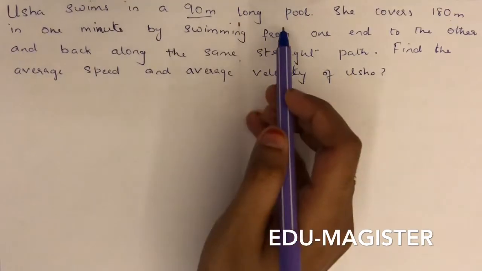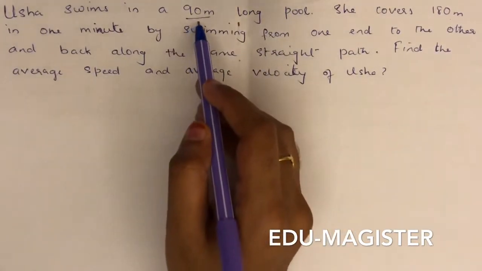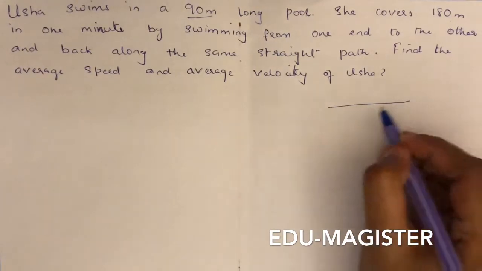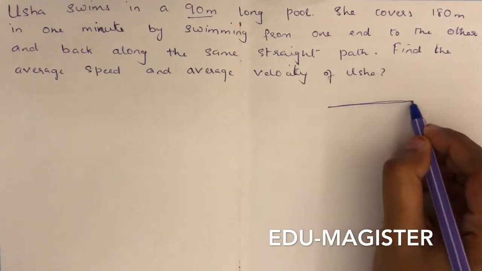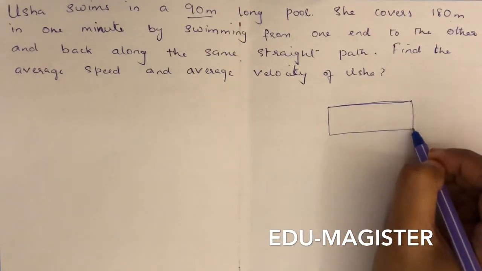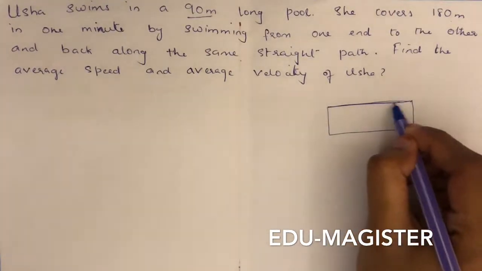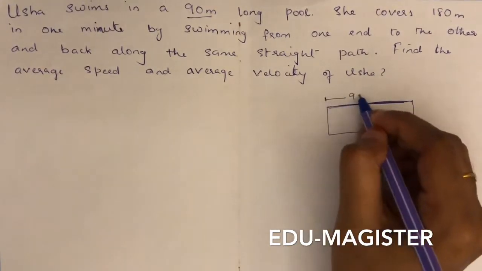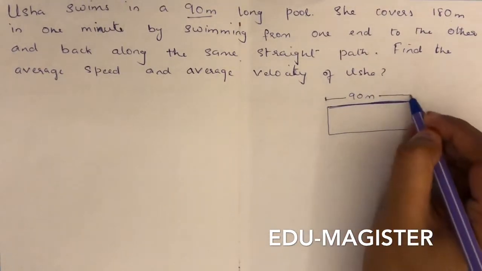Here, Usha is swimming in a pool that is 90 meters long. So there is a swimming pool which is 90 meters long. So let's consider the pool to be a rectangle, and one side of the pool is given as 90 meters.